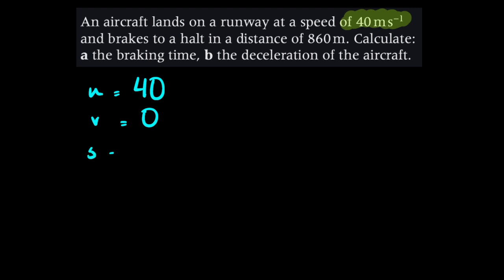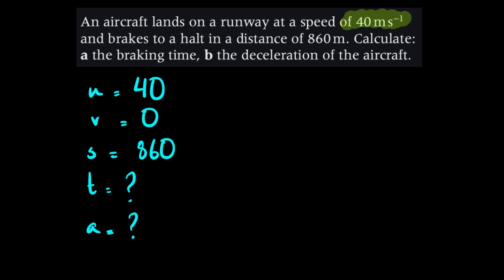And the distance traveled during this deceleration is 860 meters. We need to find the braking time in part A, and in part B, we want to find the deceleration. So do we have an equation which links u, v, s, and t? We don't really have one, so it really doesn't make a difference. We can calculate the deceleration first, right?